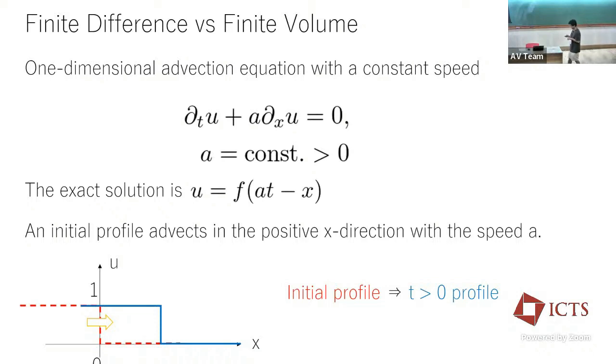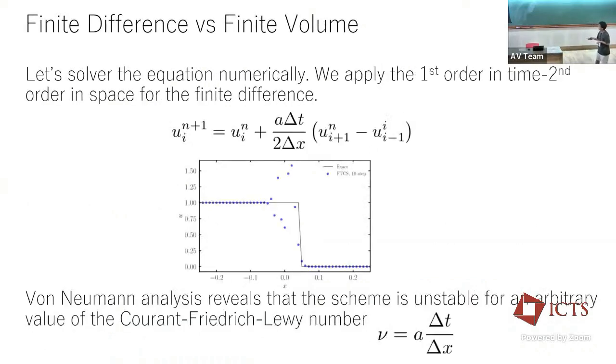Do you know how to solve this numerically? Let's try to solve it by directly discretizing the system. The simplest way for the discretization is first order in time and second order in space.